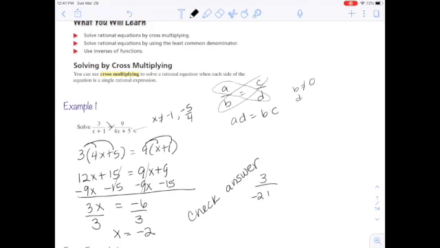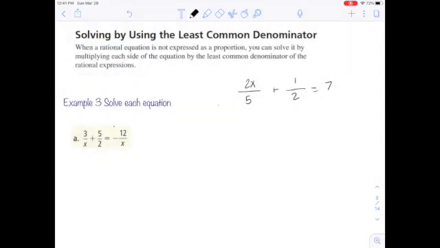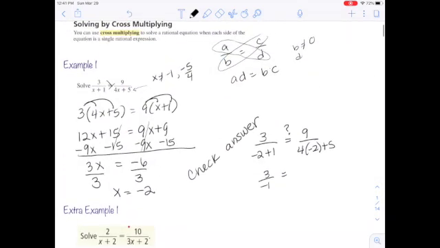So do a double check. 3 divided by -2 plus 1, does that equal 9 divided by 4 times -2 plus 5? Well, 3 over -1, that's the same as 9 over, that's -8 plus 5, which is -3, and that definitely checks out. Okay, so we box our answer.